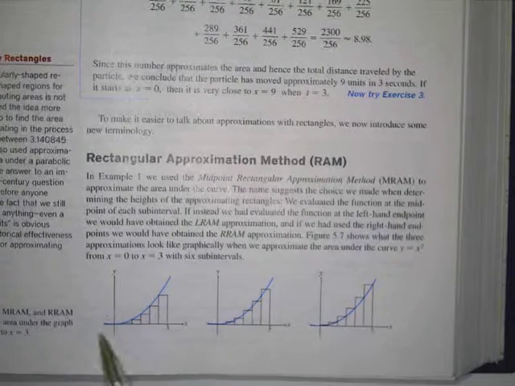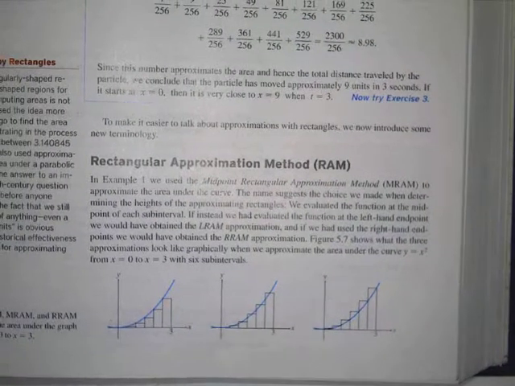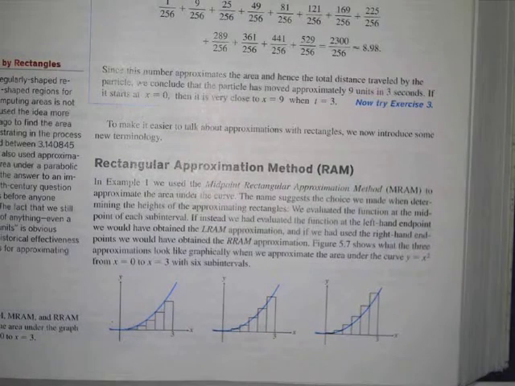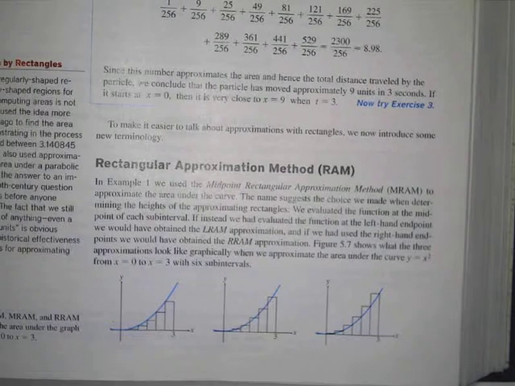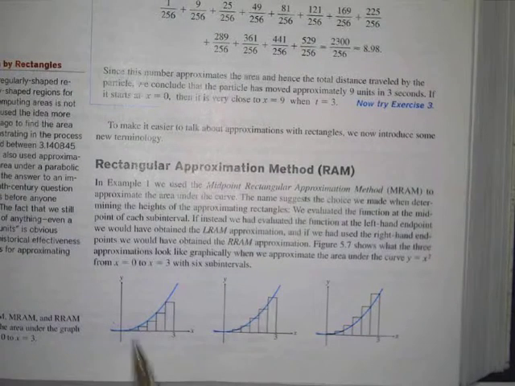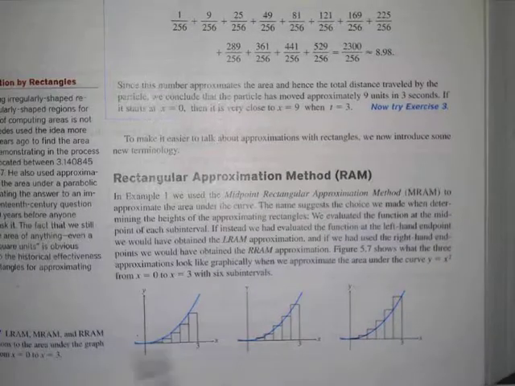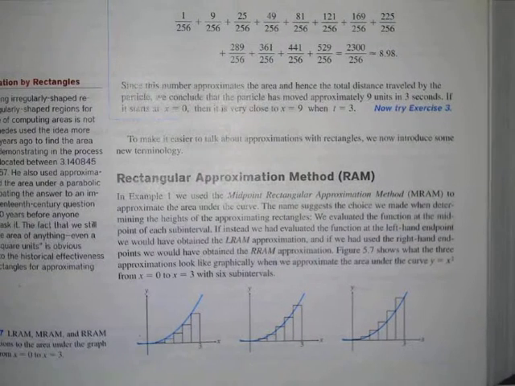Now, this is concave up, so the over and under approximations are reversed from what they were when it's concave down. You have to be aware of whether it's concave up or down, which determines which of the left endpoint and the right endpoint will be an over approximation and which will be an under approximation. The concavity shows you what's going on.